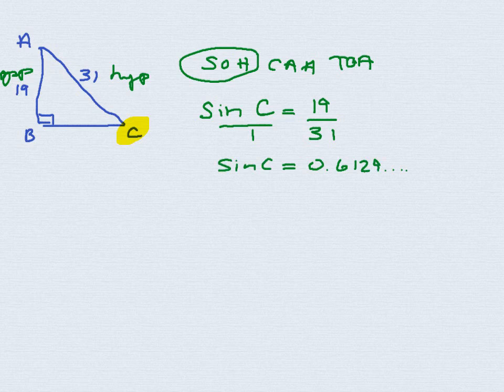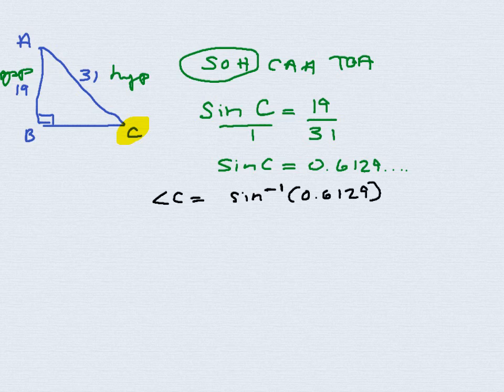You need to change that value somehow into an angle. So anytime in a trigonometric question you're required to find an angle, you're going to have to use the second function button on your calculator. So take the second function sine, written like this, angle C is equal to sine to the -1 of the decimal value.